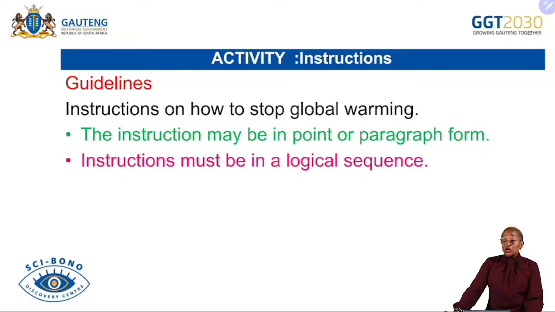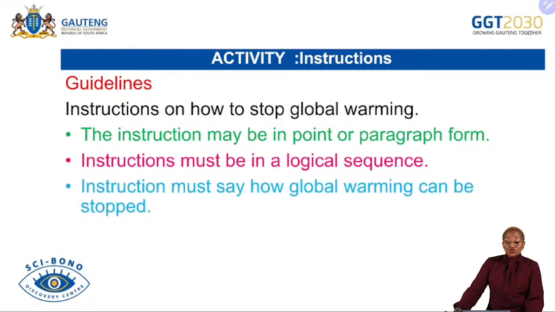Instructions must be in a logical sequence. Instructions must say how global warming can be stopped. That is the most important keyword: how global warming can be stopped. Like I said earlier, if you don't know what global warming is all about, it will be a challenge to respond to this kind of instruction. But if you do know, you will know how to go about it.